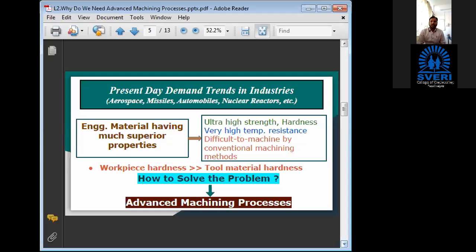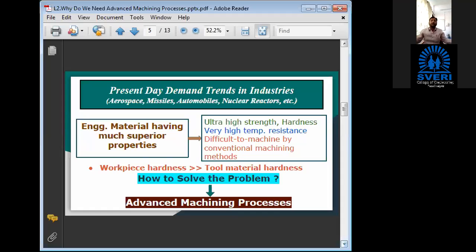These engineering materials should have ultra high strength, very high hardness, and very high temperature resistance, because such properties are an essential requirement of certain components in those industries.